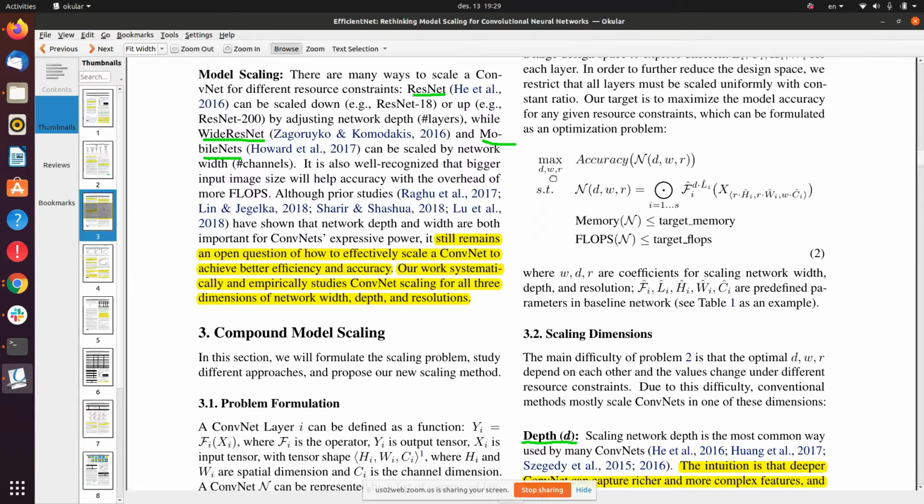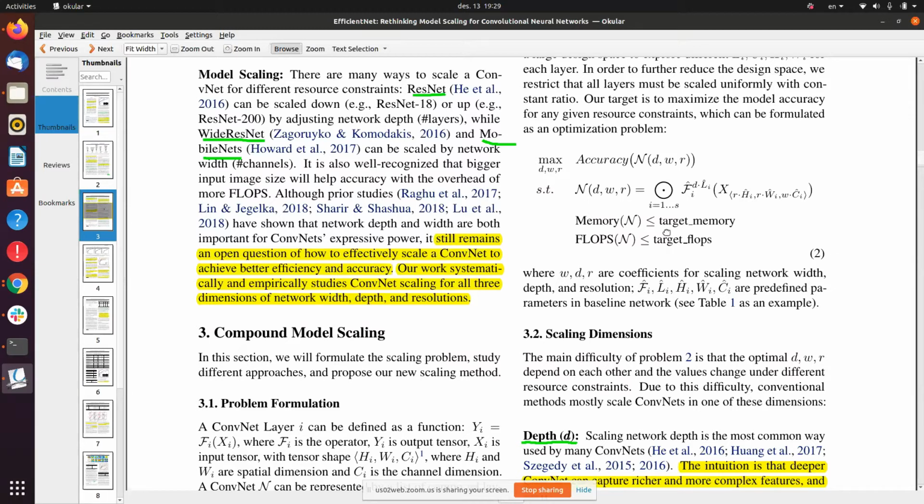So here, the entire intention in this paper is how to maximize accuracy given a base network. In terms of the accuracy and then in terms of the memory, I'm not sure.